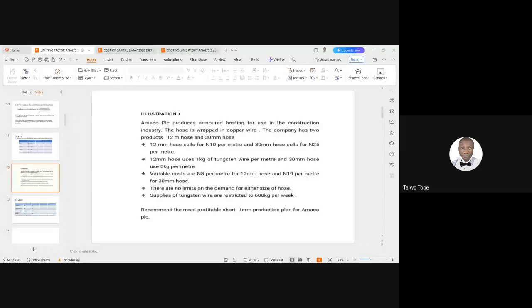So another limiting factor that can surface is demand, but it is very clearly put that there is no limit on the demand. You know why demand can be a limiting factor? There can be a restriction within an industry that no matter what you do, you cannot supply or sell beyond a certain amount of barrels. Let's use oil now.